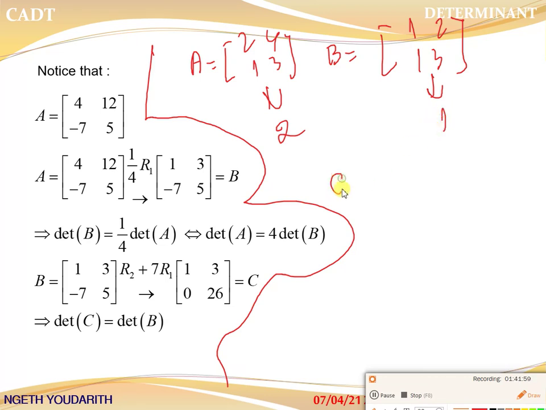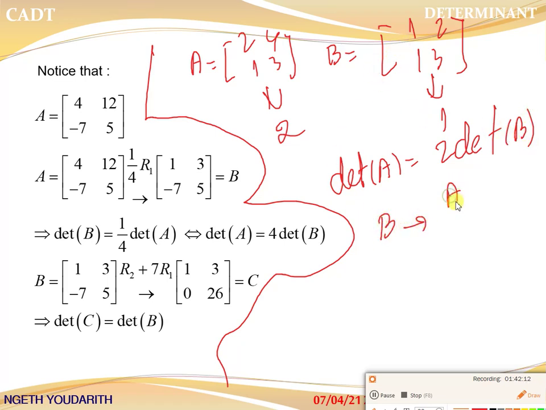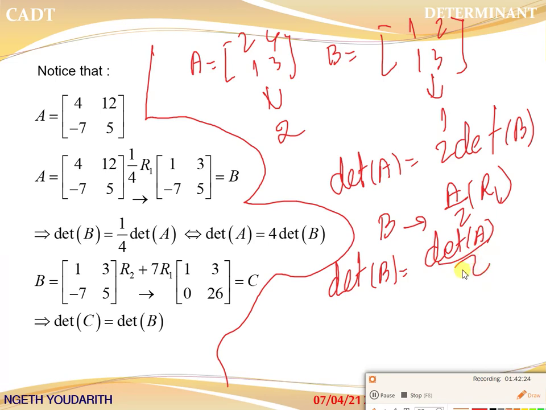So it means determinant A equals 2 times determinant B, because B comes from A divided by 2 in row 1. So we can write determinant B is equal to determinant A over 2.